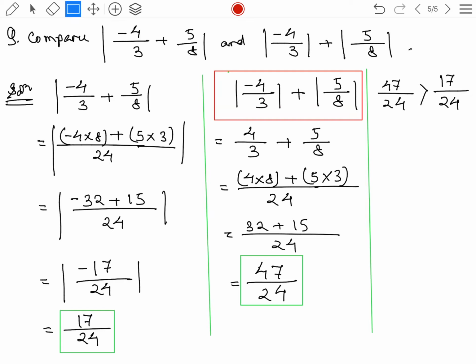So you'll write absolute value of minus 4 by 3 plus absolute value of 5 by 8 is greater than absolute value of minus 4 by 3 plus 5 by 8. Understood? So this is your answer. So what will you write? I'm writing on the next page.